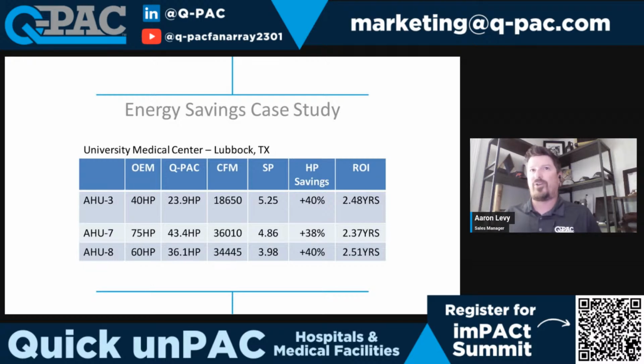We were able to cut out a lot of that to do the exact same amount of work, at the exact same pressure, and save them upwards of 40% on their energy costs just from a straight horsepower perspective, and give them an ROI of less than 3 years. And that was just purely from a paper-to-paper extrapolation based on their kilowatt hour rate.